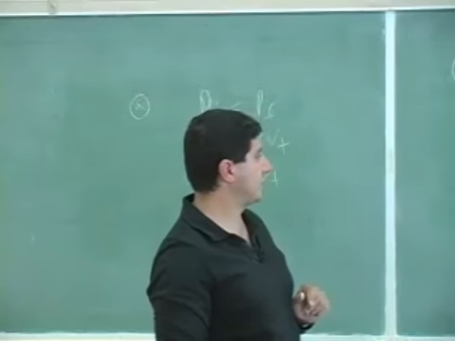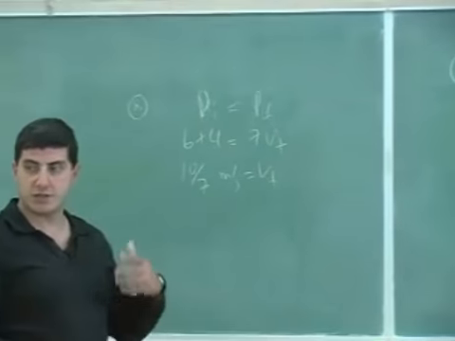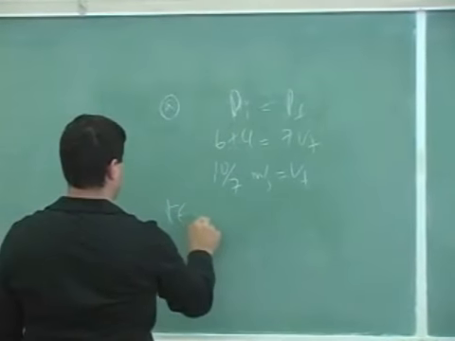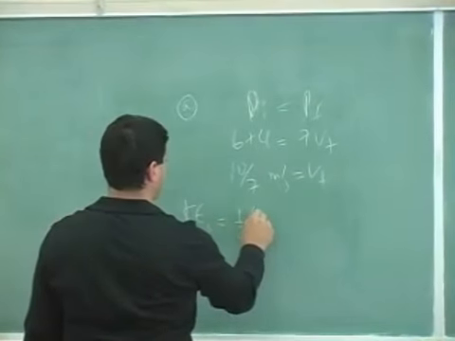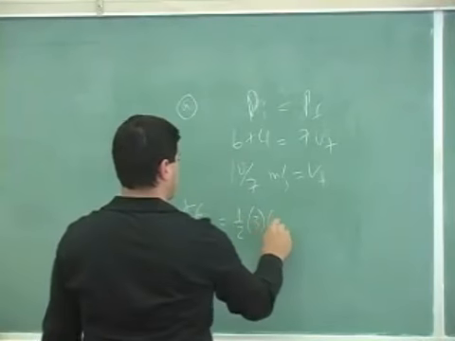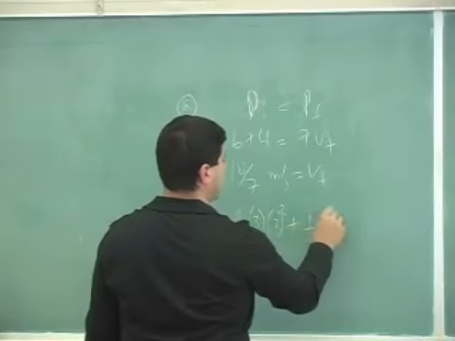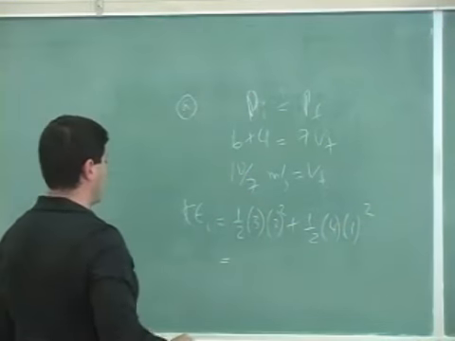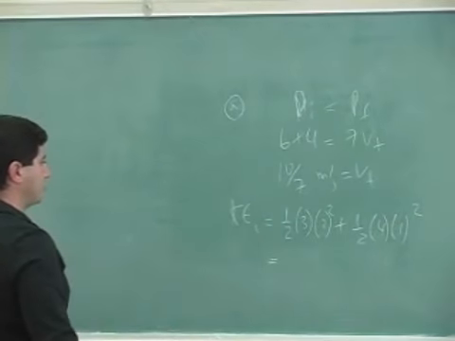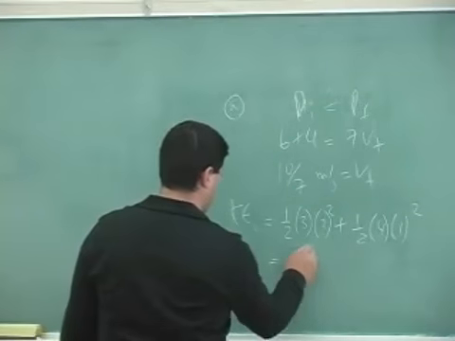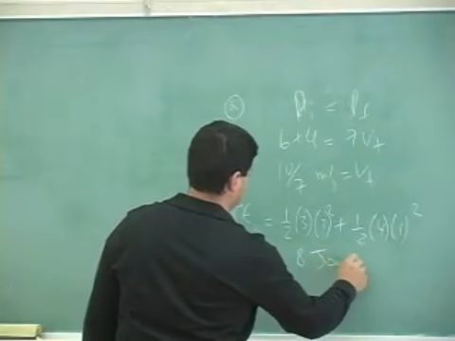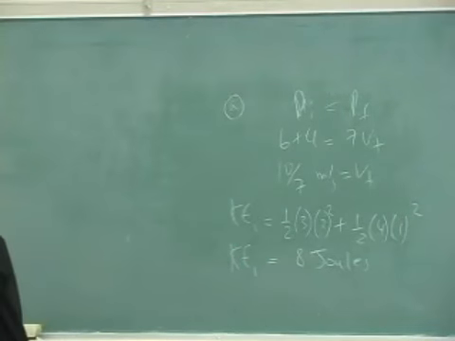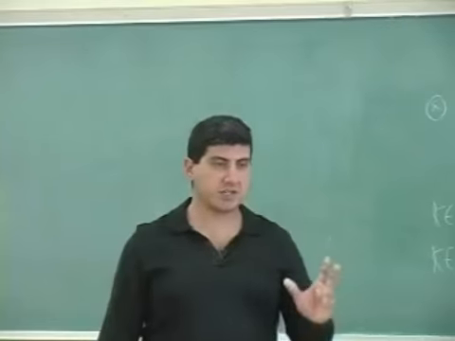And then what's the percent loss of kinetic energy? We're going to see that kinetic energy is lost. Kinetic energy initial equals half times 3 times 2 squared plus half times 4 times 1 squared. And that's equal to 6 plus 2, 8 joules. So the initial kinetic energy of the system is 8 joules.